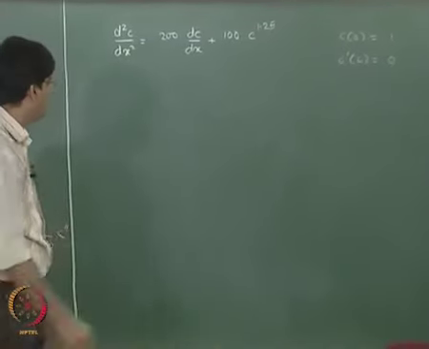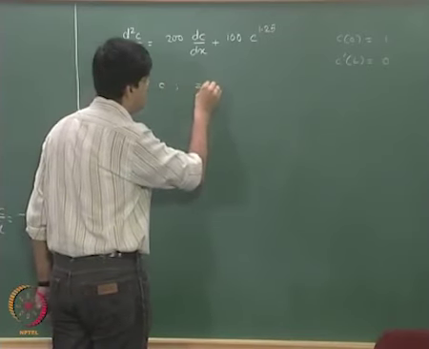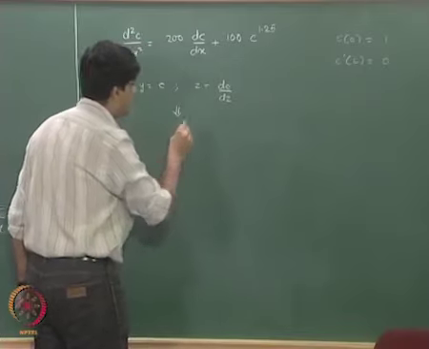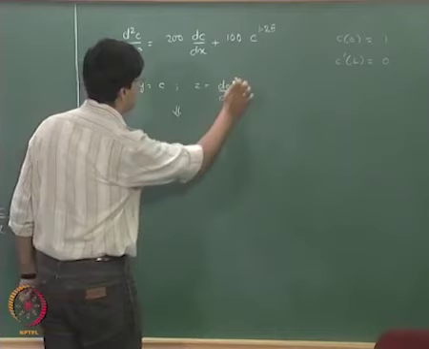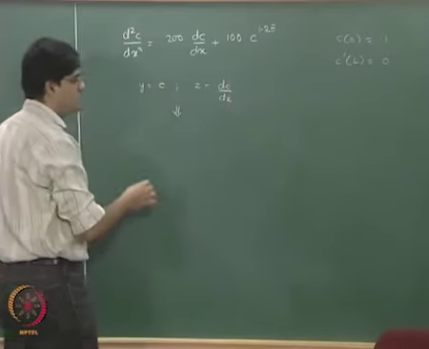As we had done before, we will write y equal to c and z equal to dc by dx, which will result in two ODEs.